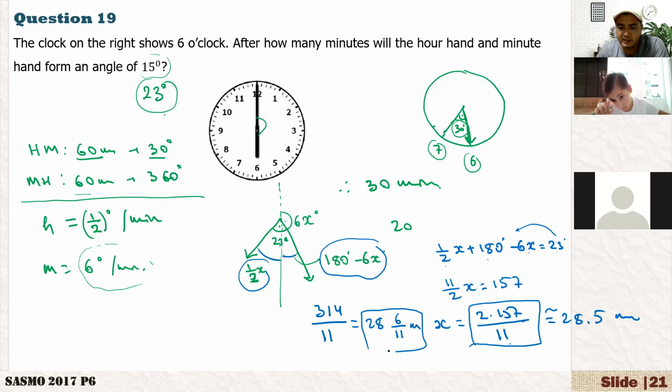But if you write 28.5, will they count it as correct?